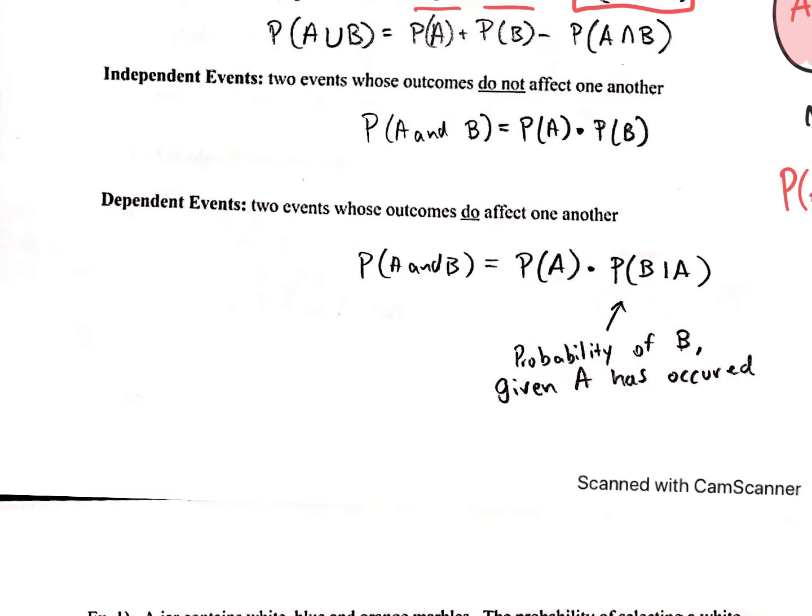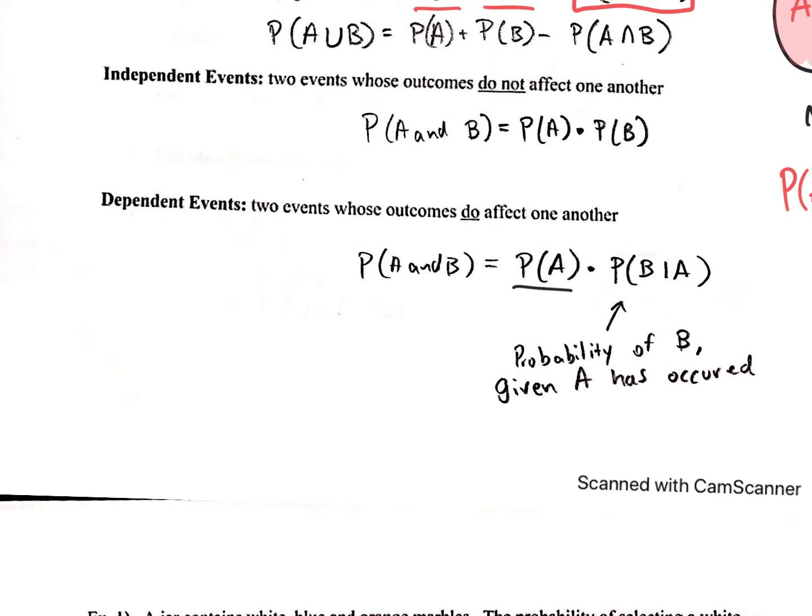Now, when it comes to dependent events, they do affect one another. The way we find this is we take the probability of the first event happening and multiply it times the probability that the second event happened given the first one already has. We can think about this example as picking cards from a deck. Let's say I wanted to find the probability of an ace and then another ace.